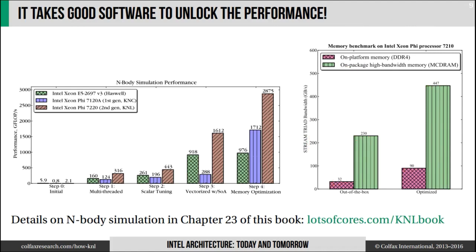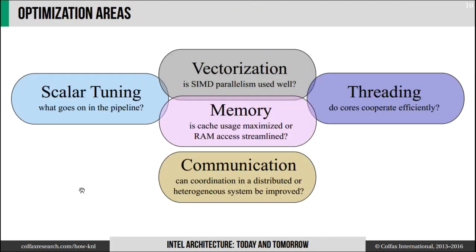To understand how to optimize, it is important to understand what building blocks there are in the architecture. For example, what instructions the pipeline supports, what vectorization is and how to use it, how multiple cores like to cooperate, and how to effectively use caches and the main memory.